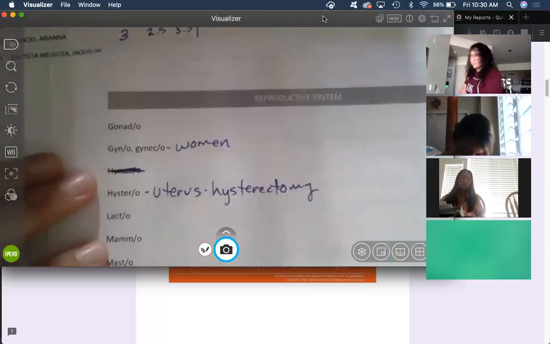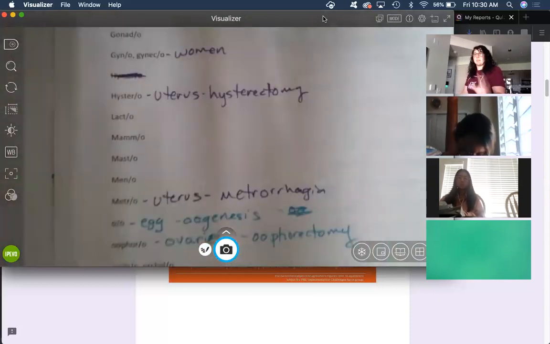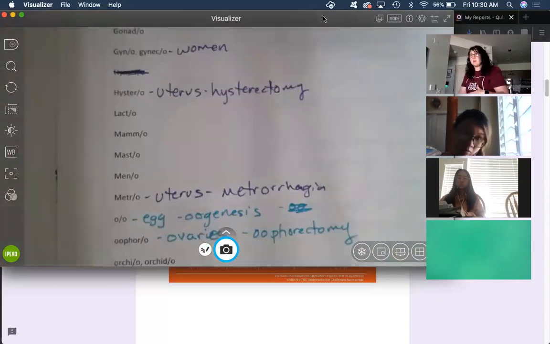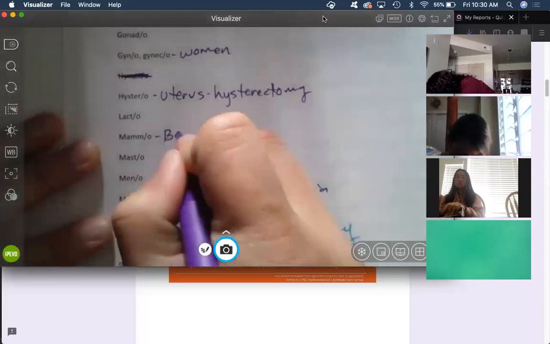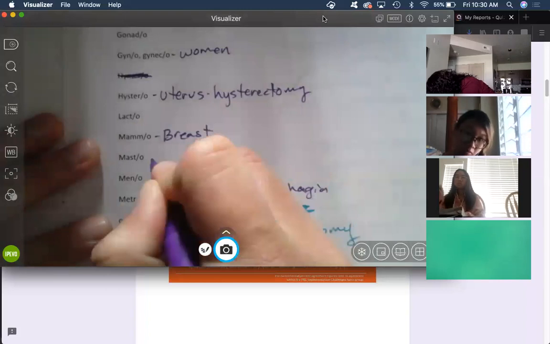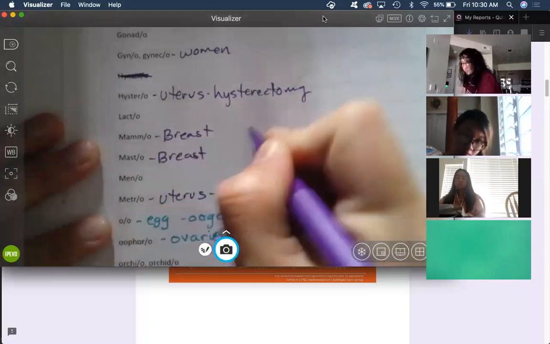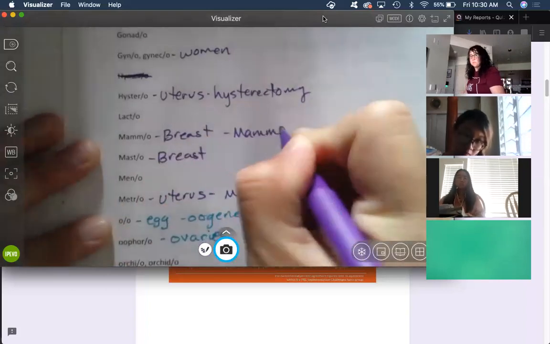So we talked about some of the secondary and primary sexual characteristics. The other portion of the secondary sexual characteristics of a female is the breast. So there are mammo and masto, both mean breast. Women, as they get older, will get a mammogram, where they take actual pictures of the breast to make sure there are no lumps.